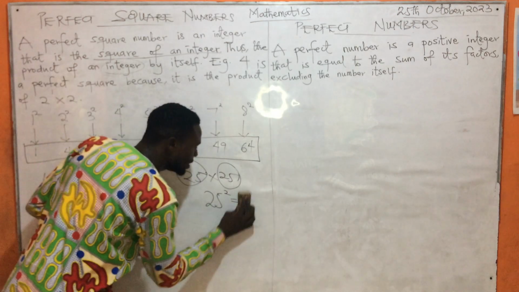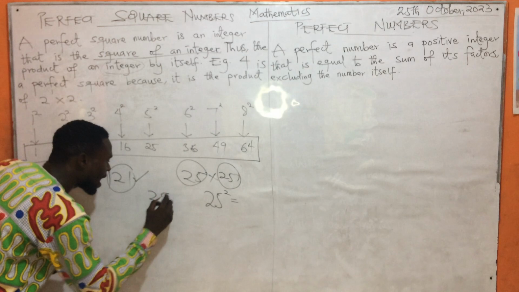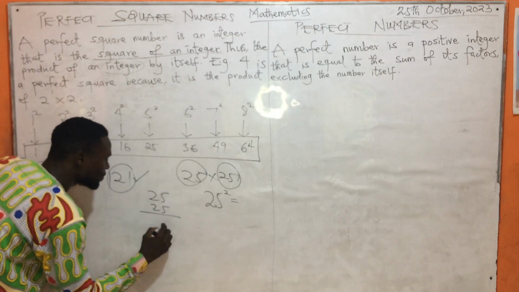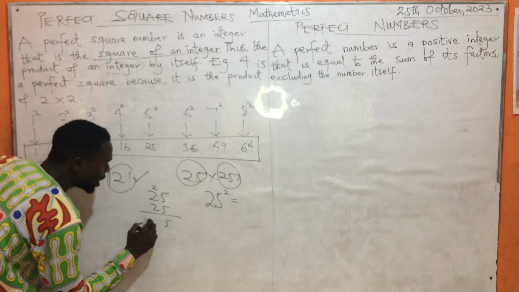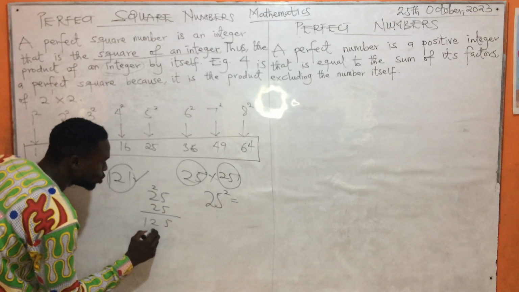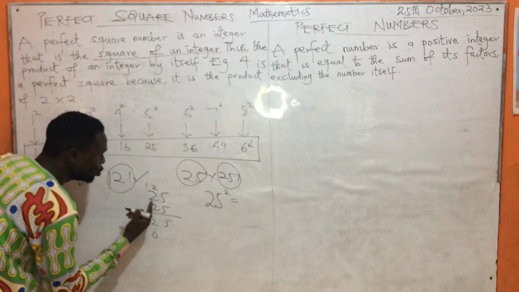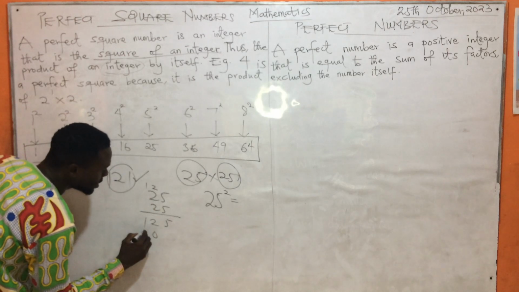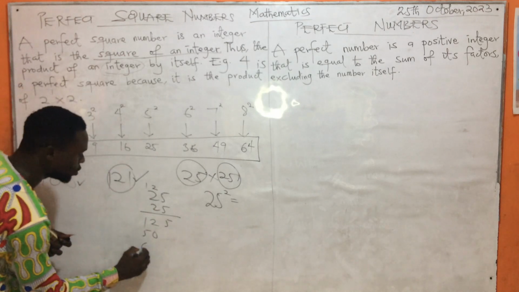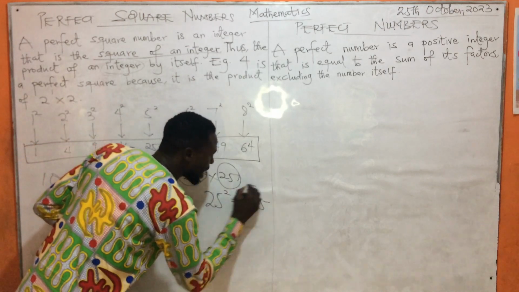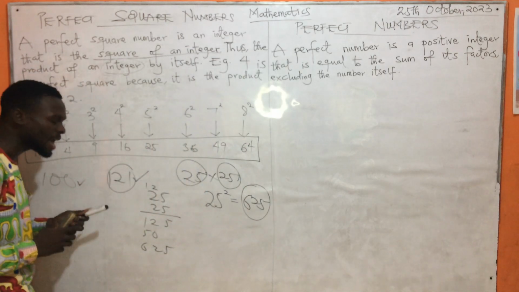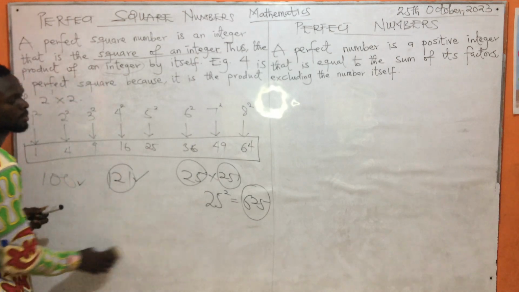Multiplying 25 by 25 gives you 625. Let's see. 25 times 25. 5 times 5 is 25. 5 times 2 is 10. You have this, this is also 10. You have this 2 times 2 is 4. Plus this, you have 5. So it gives you 625. So 625 is a perfect square.